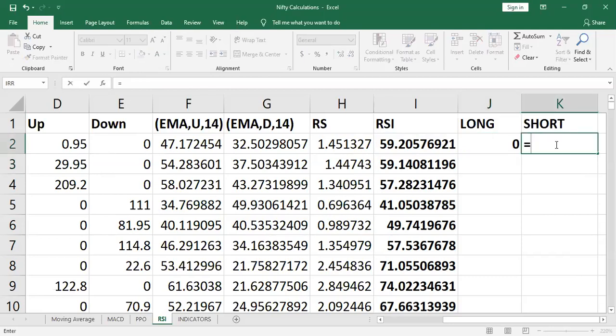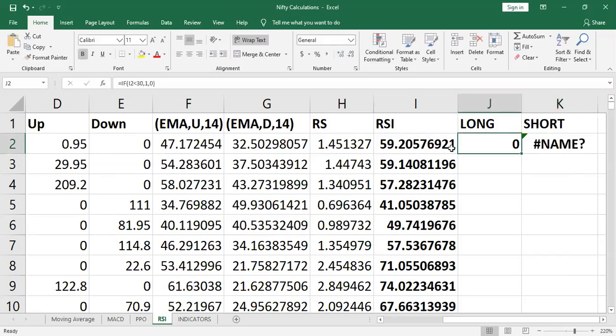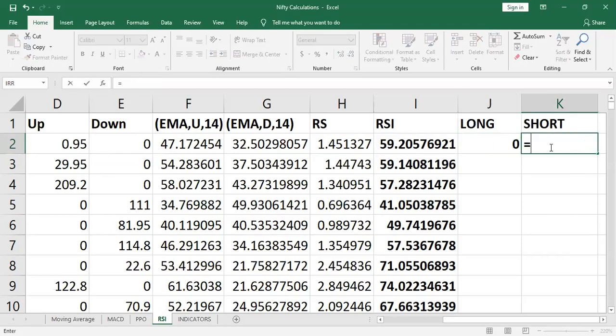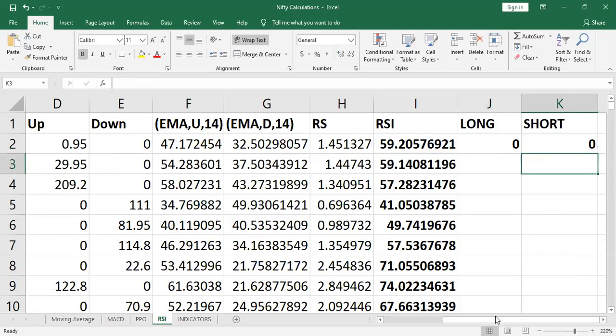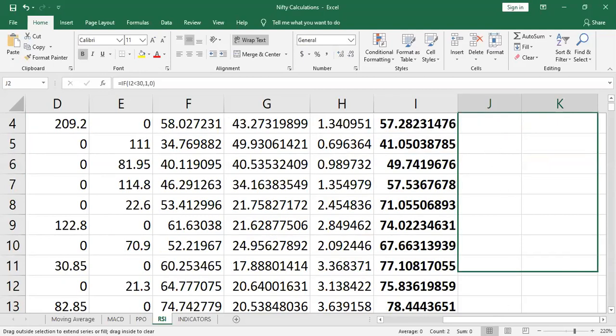And short is equal to: if this number is greater than 70, comma short position, otherwise 0. And copy paste this formula till the end.